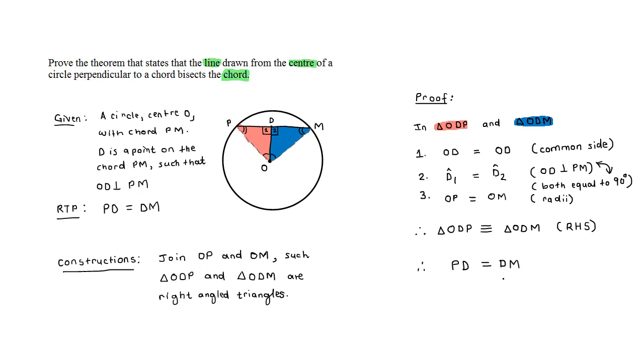And then you end this off with a reason, and your reason is going to be this statement over here that we noted, and you can write since triangle ODP is congruent to triangle ODM.